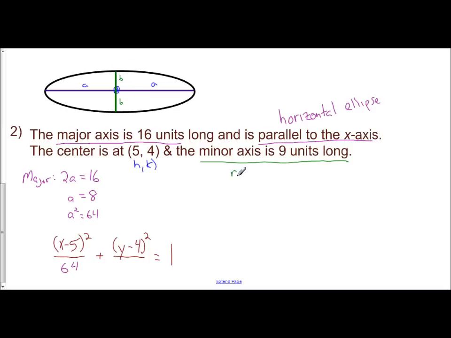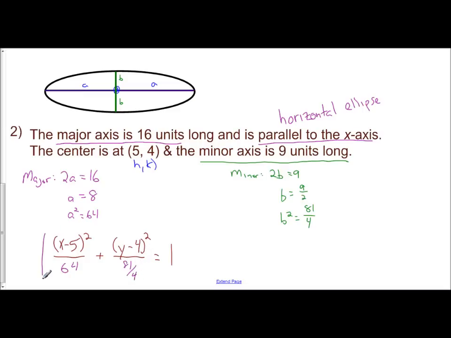So the formula for the minor axis is twice B. If the minor axis is 9 units long, then 2B equals 9. B equals 9 halves. Yes, use the fraction. And then you square B. Well, 9 squared is 81. 2 squared is 4. And so I have here, underneath the quantity (y minus 4) squared, 81 fourths.